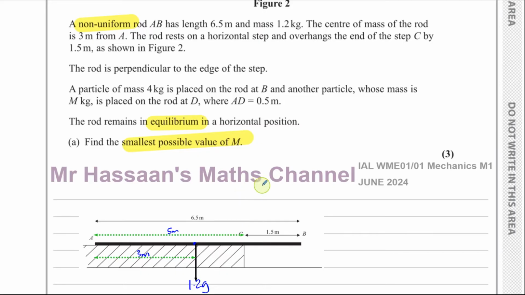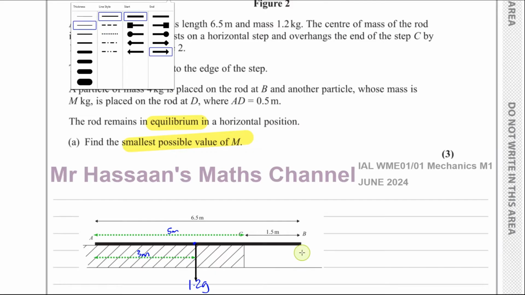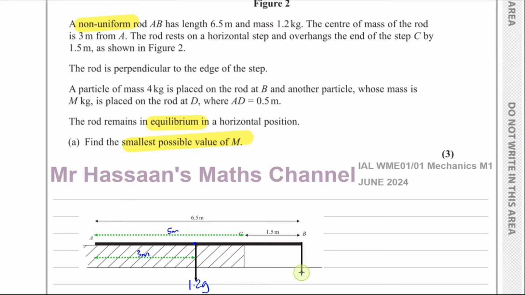Then it says a particle of mass 4 kilograms is placed on the rod at B. So you're going to have a particle of mass 4 kilograms suspended at B, which is 4g newtons. And another particle whose mass is m kilograms is placed on the rod at D, where AD equals 0.5 meters.